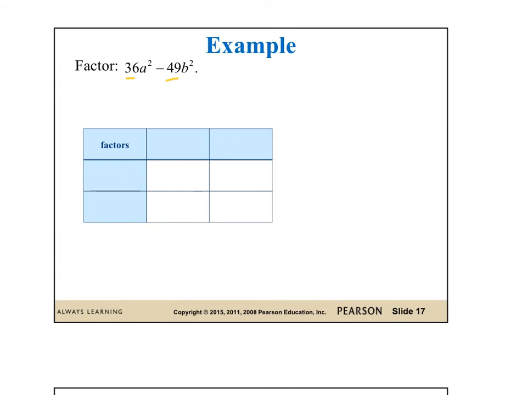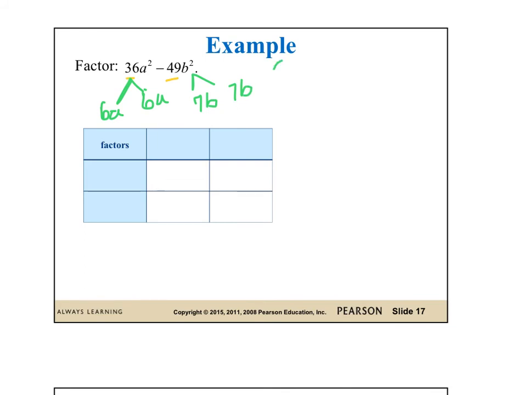So, shortcut method, 36a squared is 6a and 6a. Factors of 49b squared are 7b and 7b because they're both perfect squares.